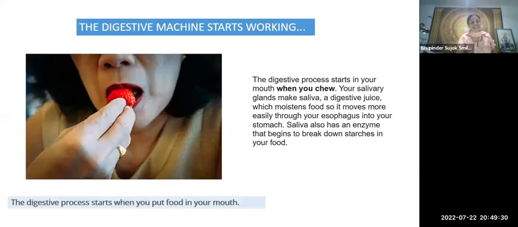The digestive machine starts working when you put food in your mouth. When you put food in your mouth, the machine is activated. Now I say machine, yes, this machine is so delicate, but it is working continuously since your childhood, since your birth until now.